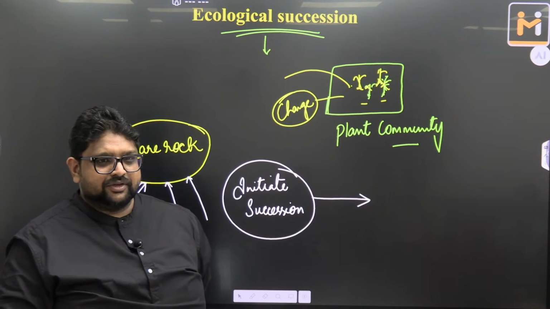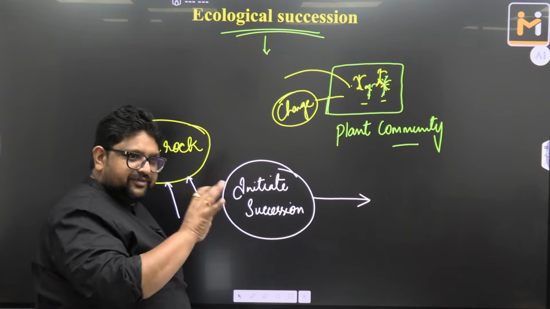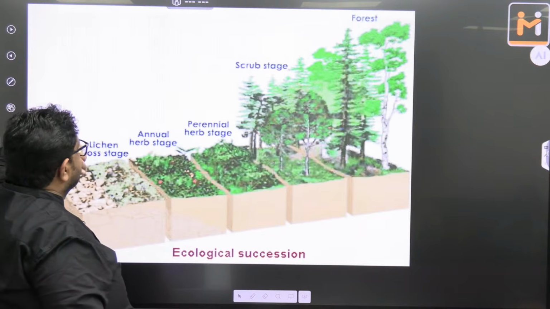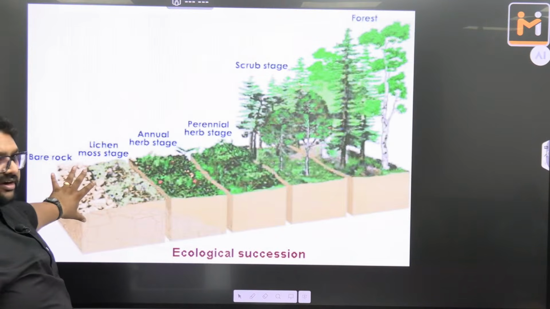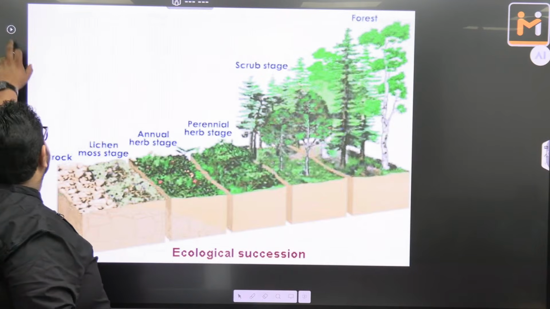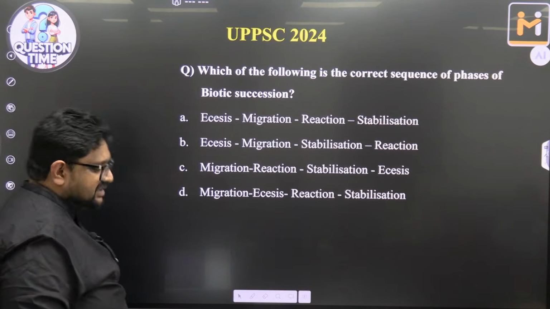Okay, so I'll explain how it starts, how it goes and all, but before that, see, this is a bare rock, and after that this is how succession happens. We'll come back to this picture, but answer this question.